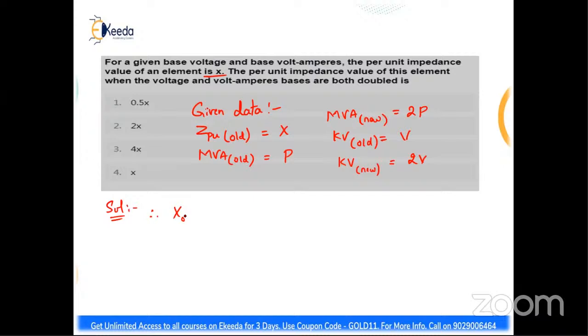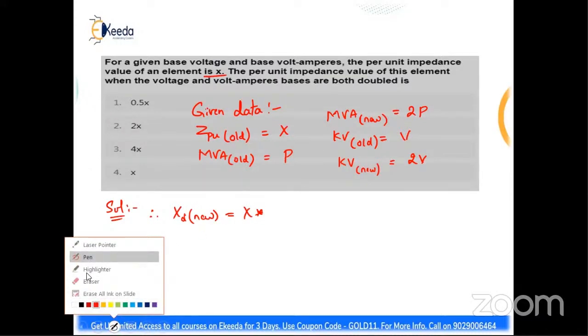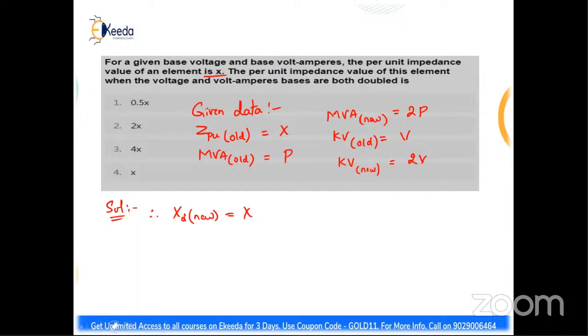X new, the per unit impedance value of this element when the voltage and volt ampere are both doubled, is X into 2P divided by P, into V divided by 2V whole square. Did you understand this formula?